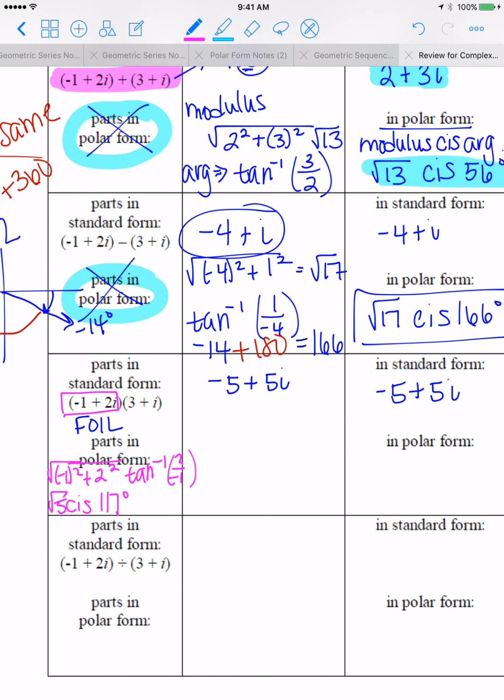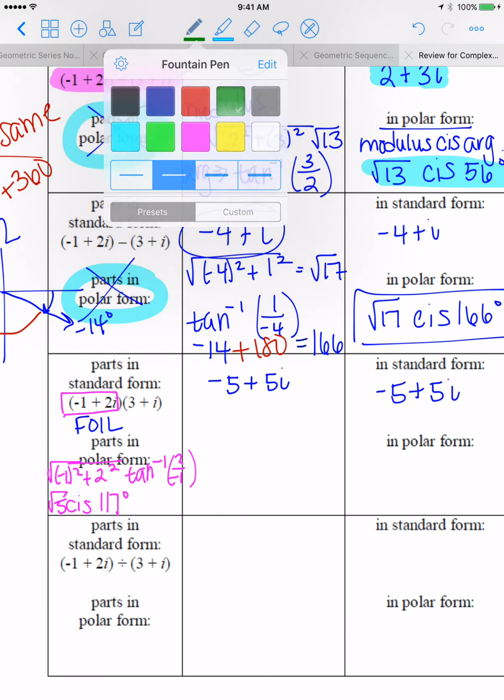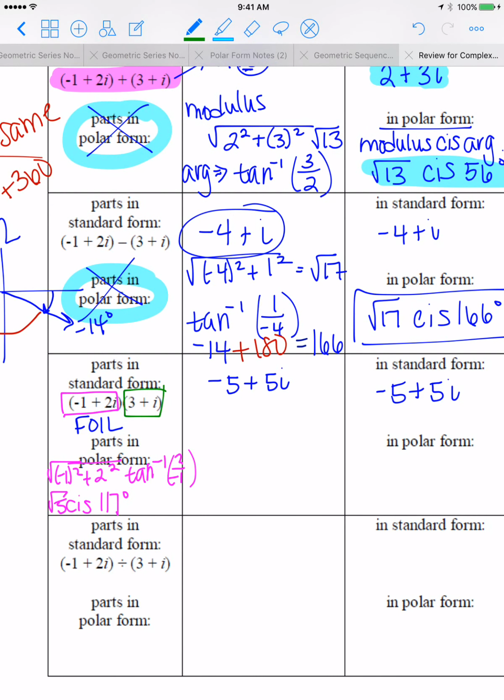Okay, so when I got that, now I need to do the exact same thing to this one. So I'm going to do square root of 3 squared plus 1 squared, and I'm going to get 9 plus 1, which is going to be square root of 10, CIS.